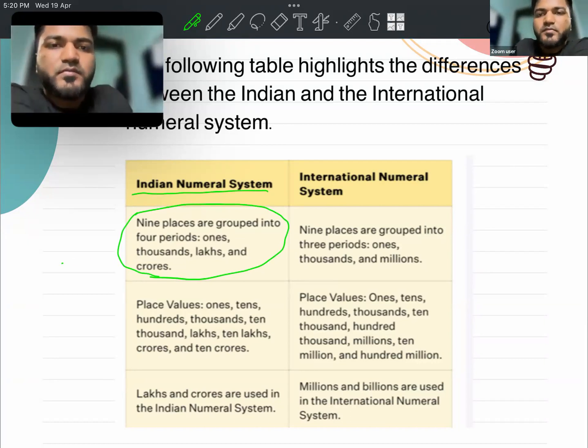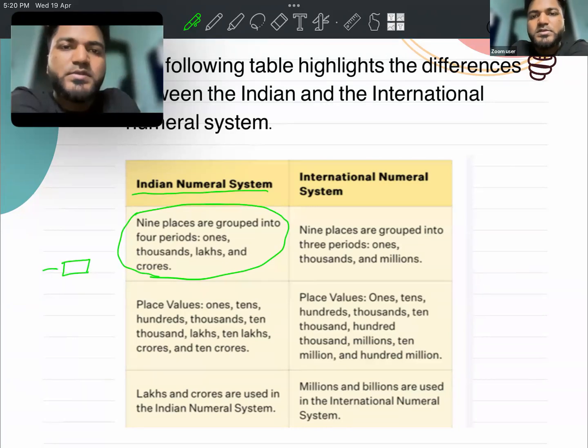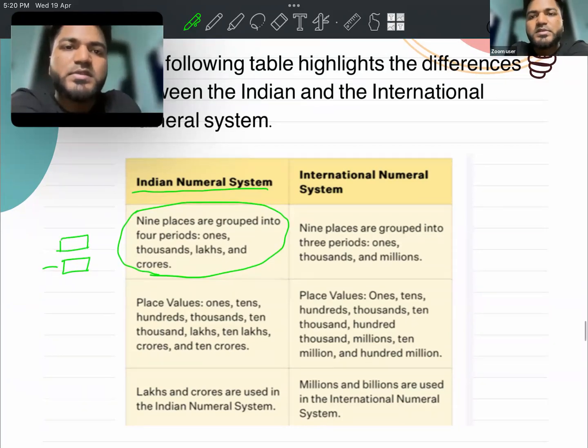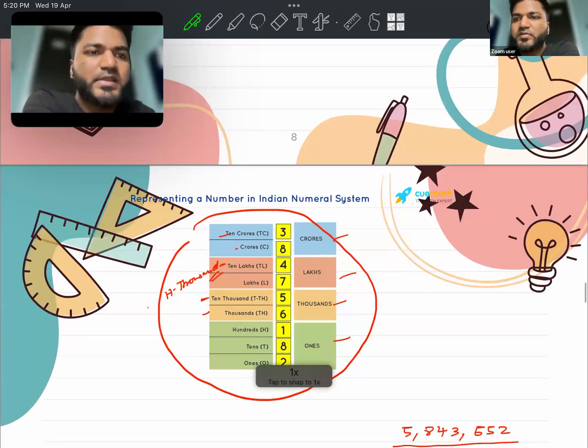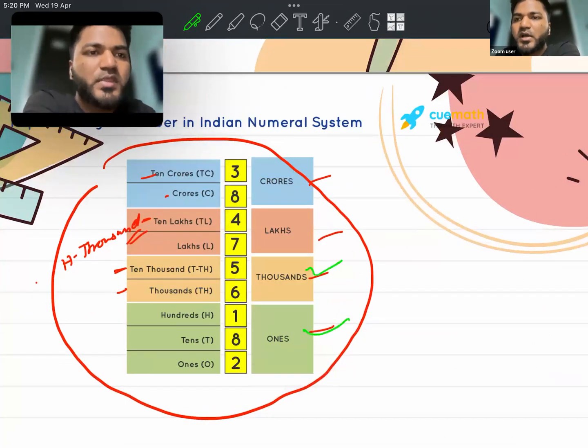Again, ones is divided into ones, tens, and hundreds.